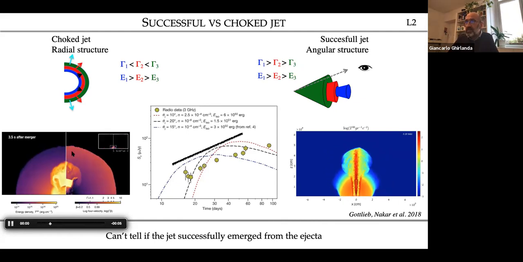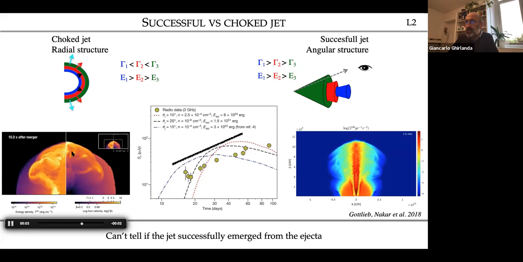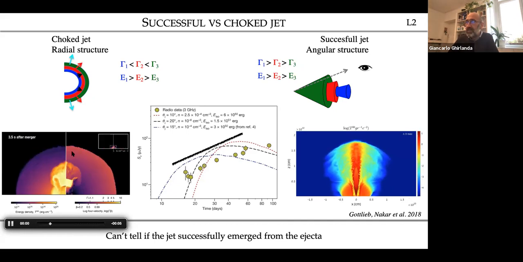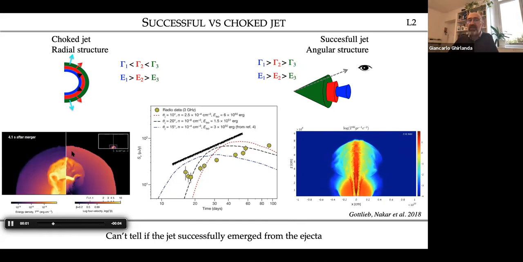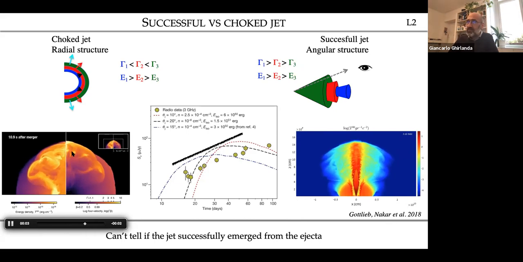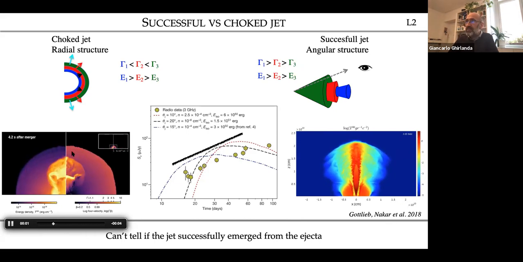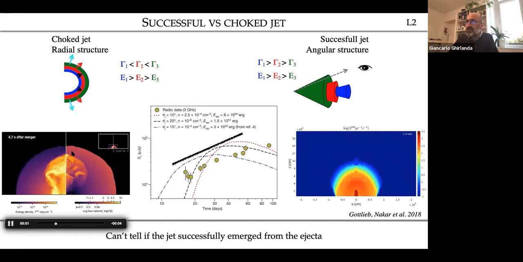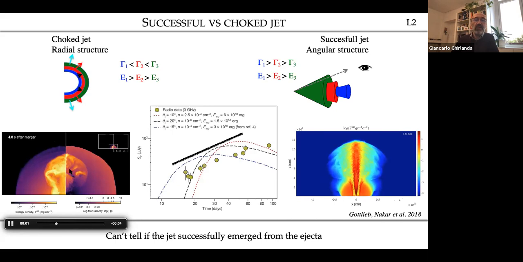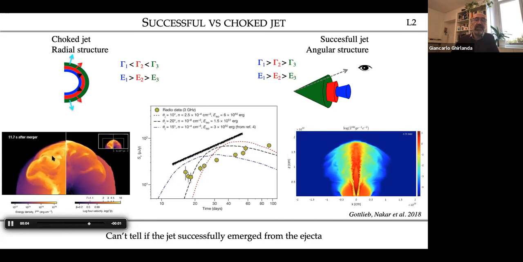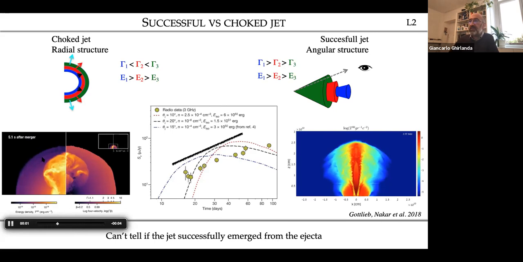Not, to my knowledge, with the observations we have now, even for the case of 170817. It is only based on theoretical simulations, not yet proved. I don't know if future observations will have some signature, especially in the very early phases, in the case of a choked jet, so a relatively low luminosity event, of this peculiar structure that you have here. In this plot you see the velocity, and in this case you have the energy.